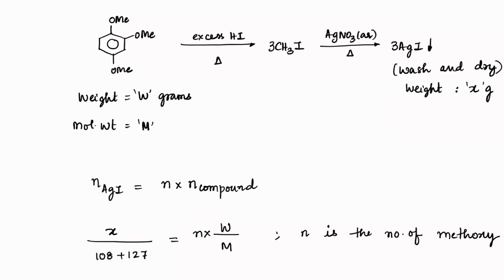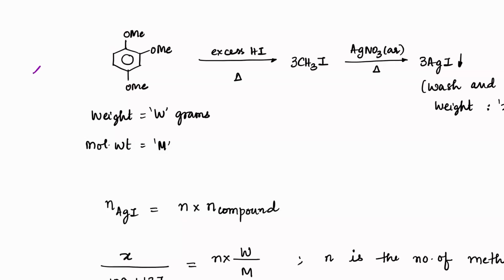A lot of times this confuses us: what if there is OH, methyl, methyl here, OMe here, OH here, methyl here, and OMe here. It appears like we have 4 methyl groups, but methoxy groups are only 2, correct?